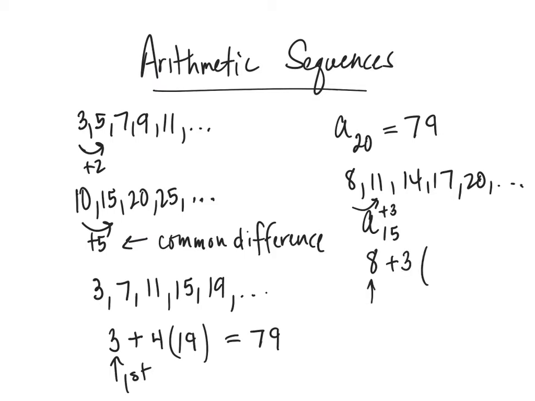Because I'm starting at the first term, I only have to add 3 14 times to get to the 15th term. 3 times 14 is 42, plus 8 is 50. So the 15th term, or a sub 15, is in fact 50 in that sequence.